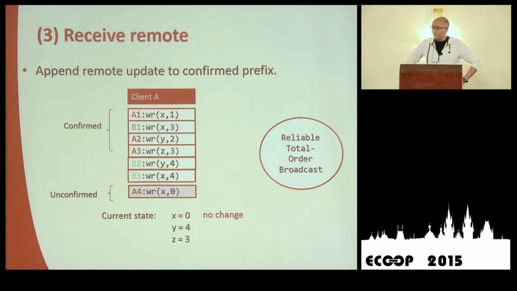So the reliable total order broadcast also serves as a decision maker that in the end orders all writes in a particular order. So the last writer wins in this particular case because it's a register.